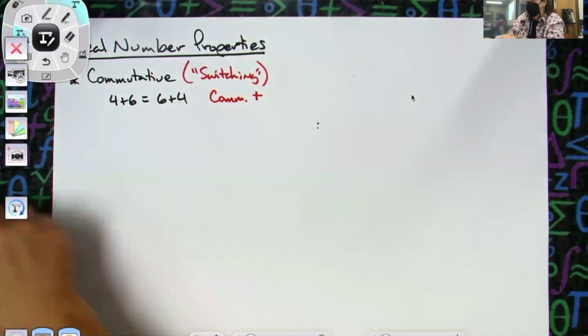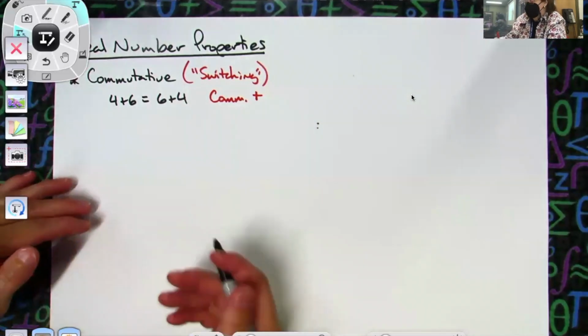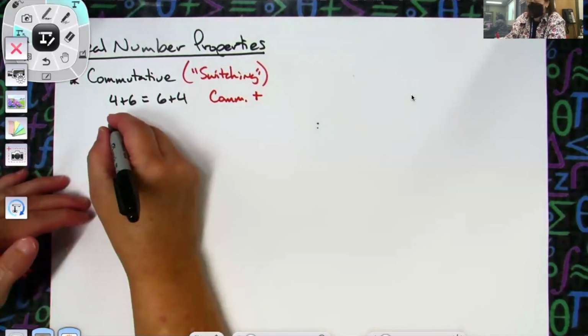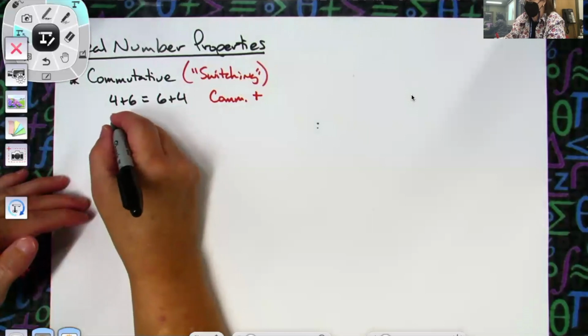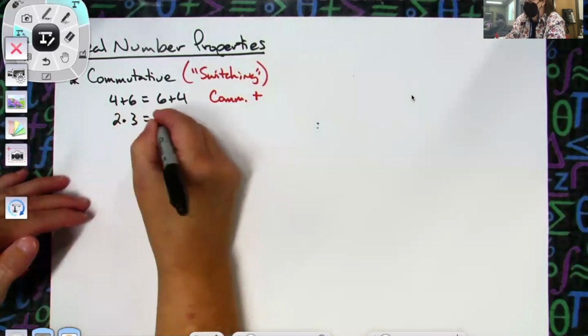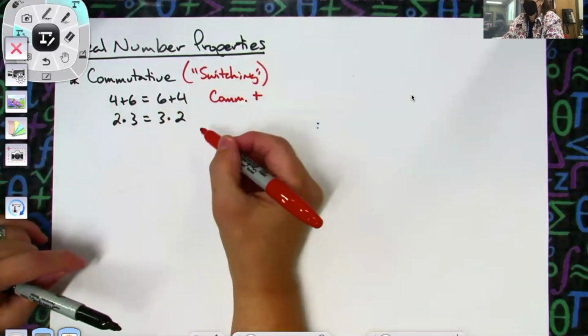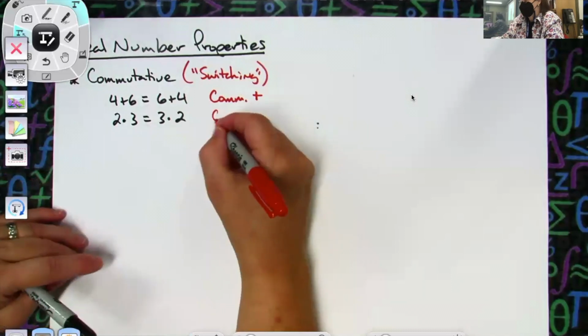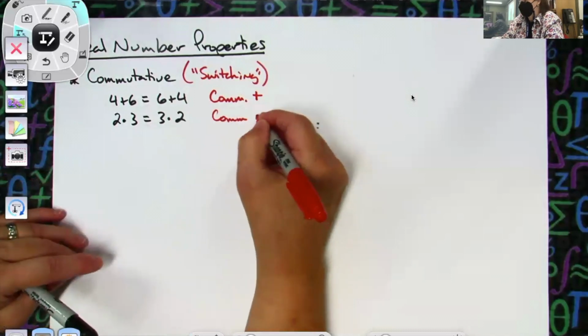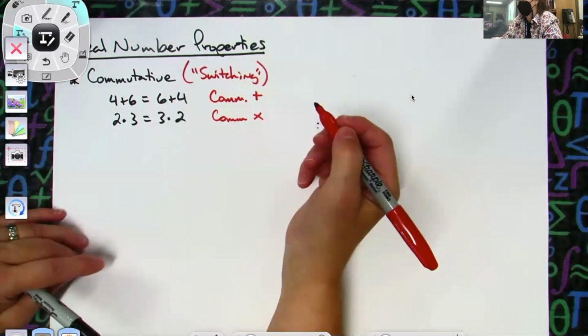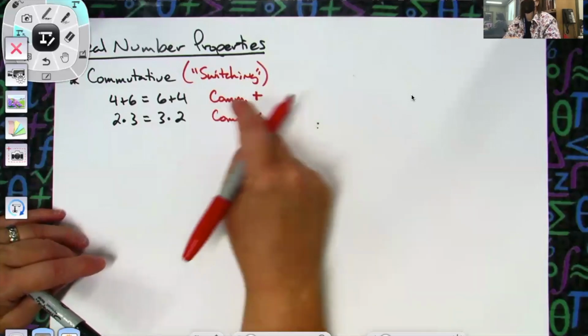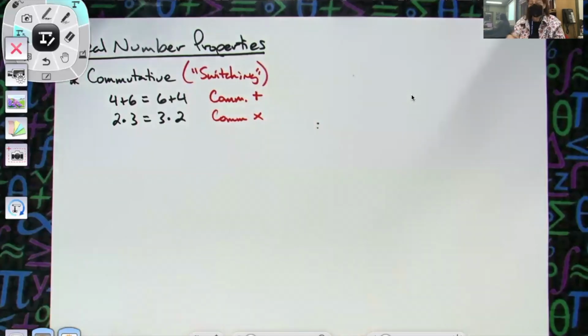Obviously, I'm not going to do 2 examples for everything, but could I also do this with multiplication? Can I multiply numbers in any order? I can, right? So 2 times 3 is the exact same thing as 3 times 2. If you were going to write down the answer, you would say it's the commutative property of multiplication, so you put a little times sign there. This just allows you shorthand notation so you don't have to write out the name of the whole property.